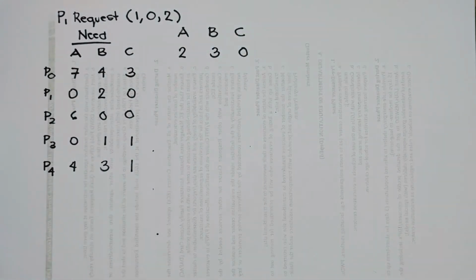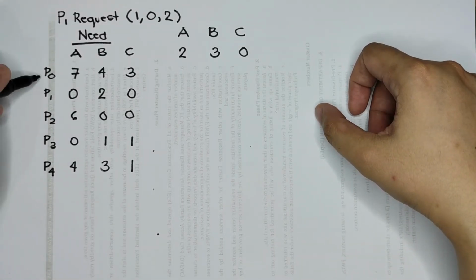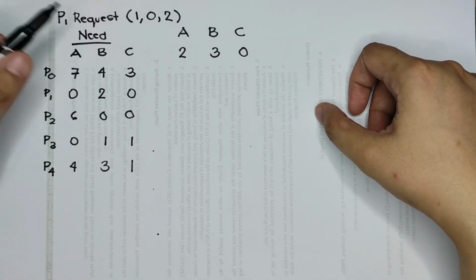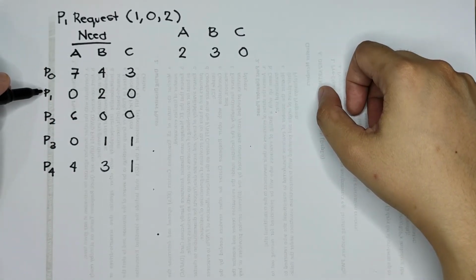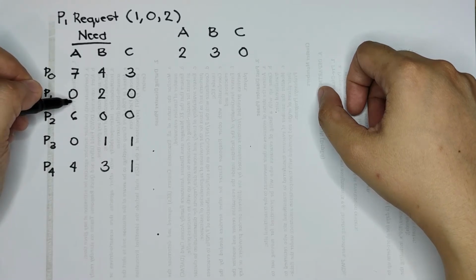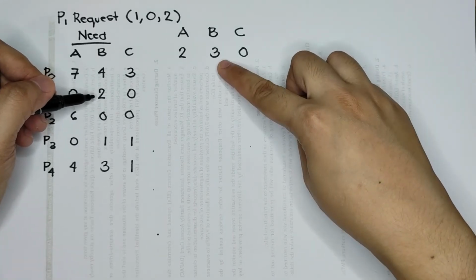Among the processes here, which can be granted immediately? Of course, P sub 0 cannot be. It's too high: 7, then 4, and then 3, against 2, 3, 0. So, P sub 1, can it be granted? Actually, yes. It does not need any resource from A. It needs 2 from B, and the available is 3.